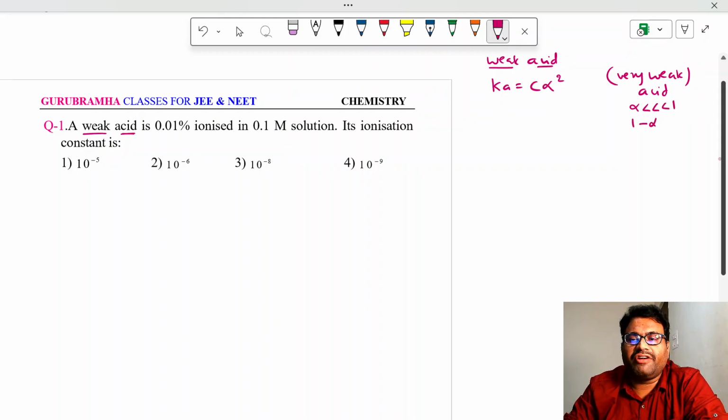So 1 minus alpha is almost equal to 1. So this is the condition. Ka is equal to C alpha square. What is alpha? Alpha is the degree of dissociation.